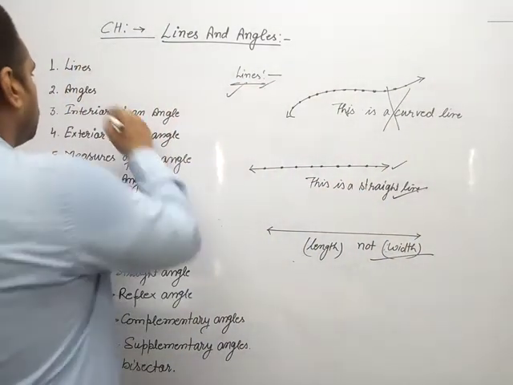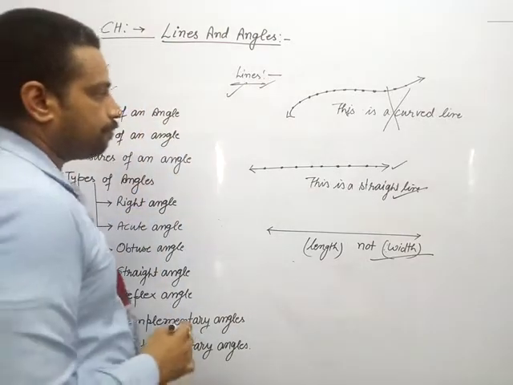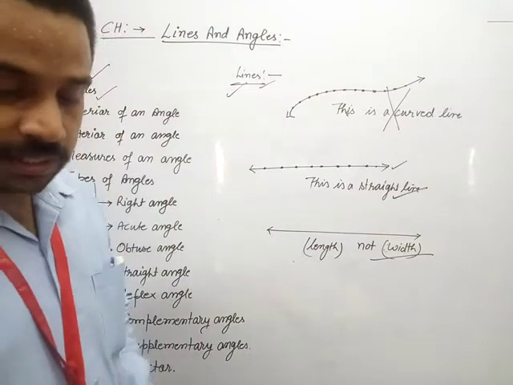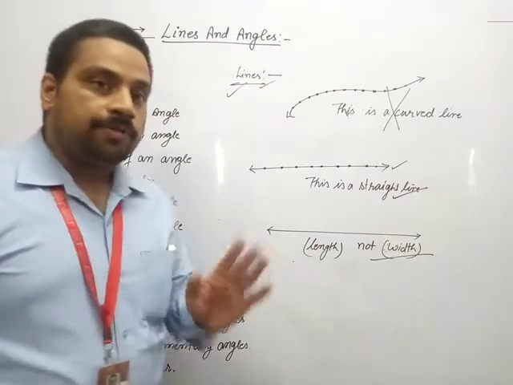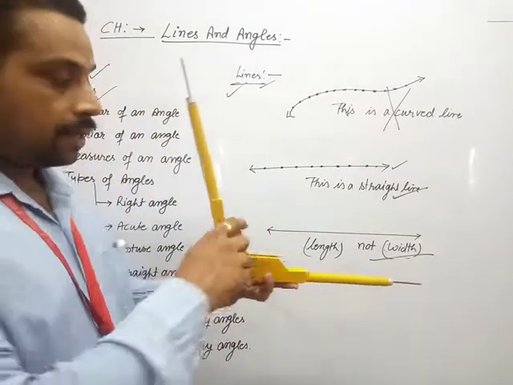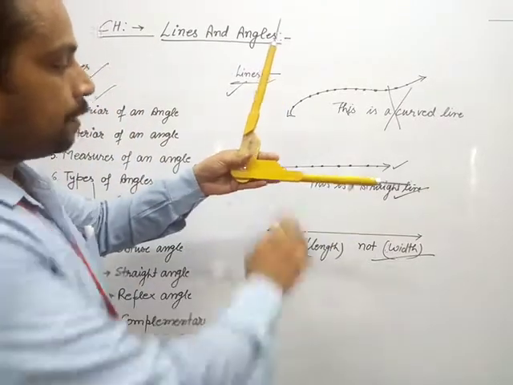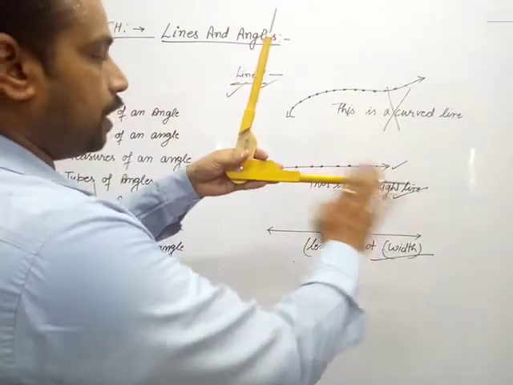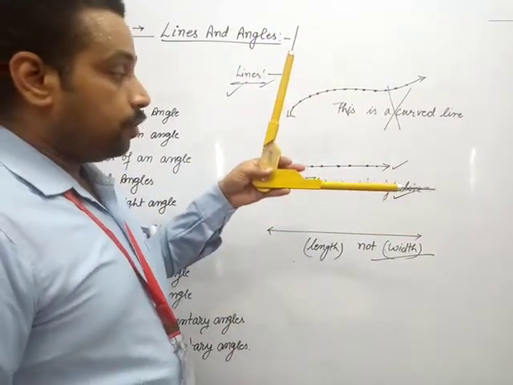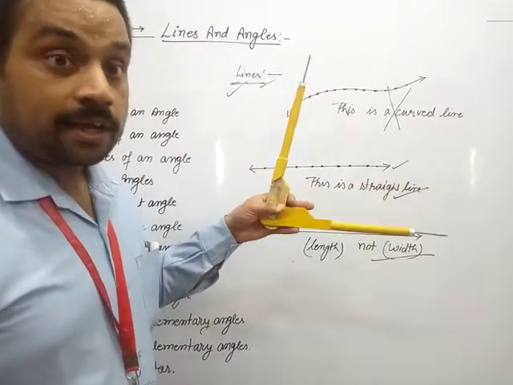And now the topic is angles. So what is an angle? An angle is just a gap between two rays. See, this is one ray and this is a second ray. Now you are thinking, what is a ray?